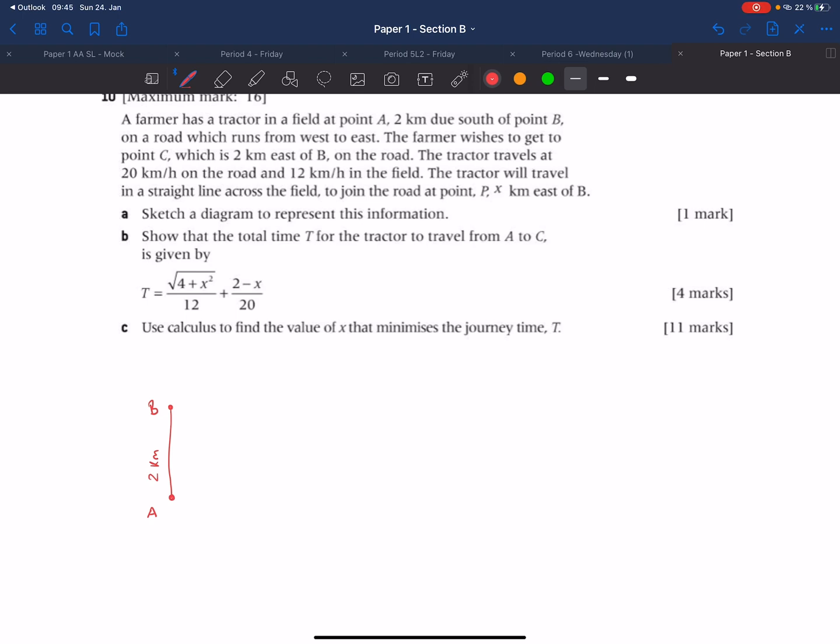So a farmer has a tractor in a field at point A, 2 kilometers south of point B, on a road which runs from west to east. I'm going to change colour for my road. So there's a road going through A, running from west to east. Road. There we go. The farmer wishes to get to point C, which is 2 kilometers east of B.